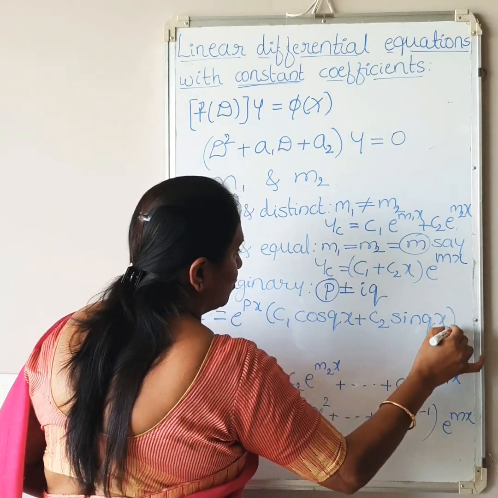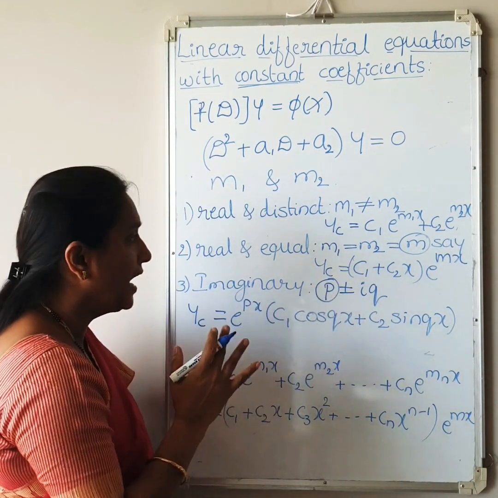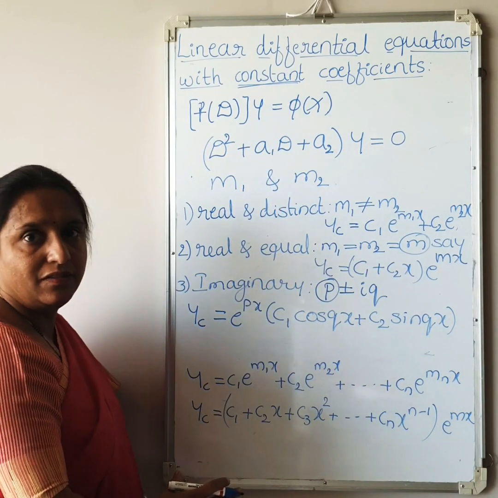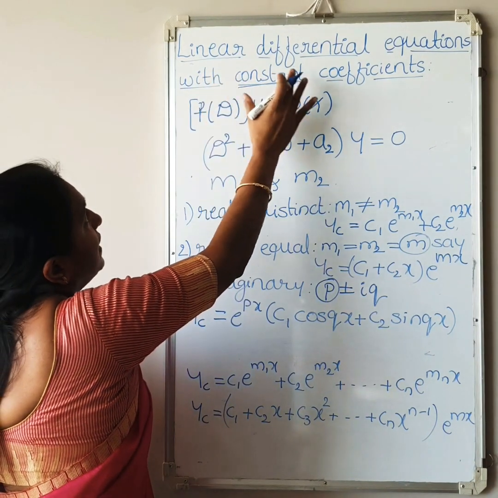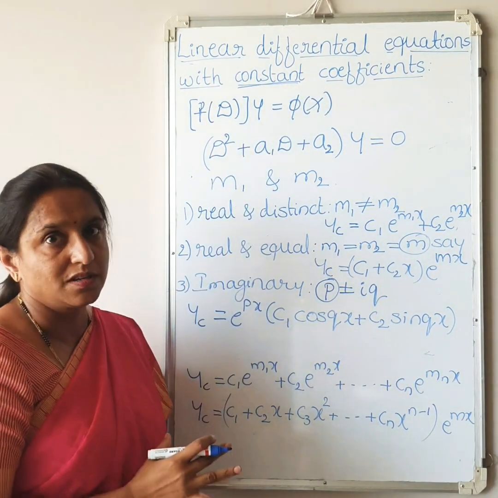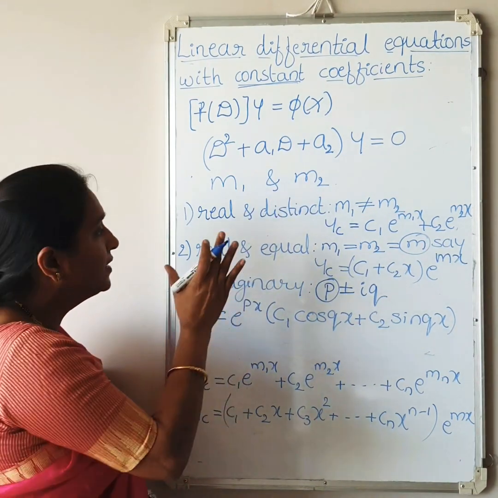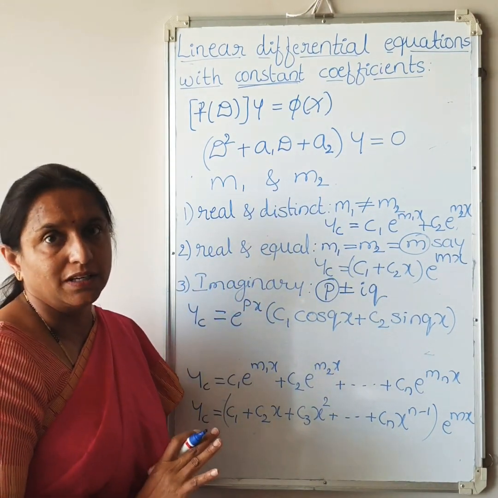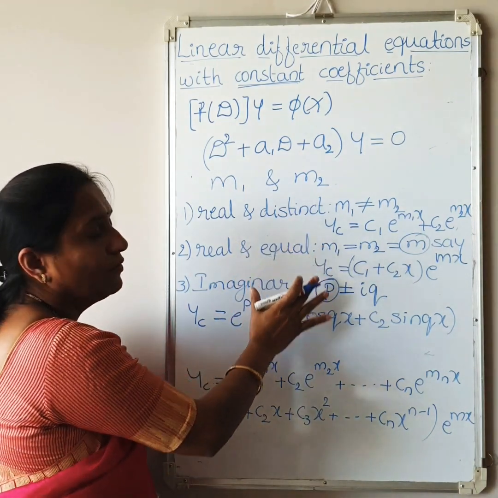Here also we have 2 roots, one is p plus iq, the other one is p minus iq. This part is very important. In almost all the types of solving linear differential equations with constant coefficients, first we need to find out the roots and write the complementary function. If it is non-homogeneous also, first we have to find out yc.